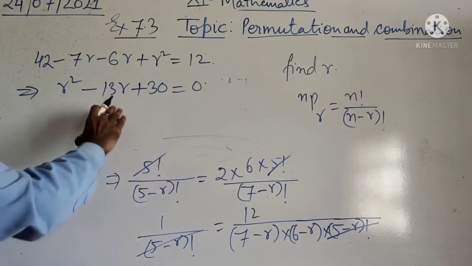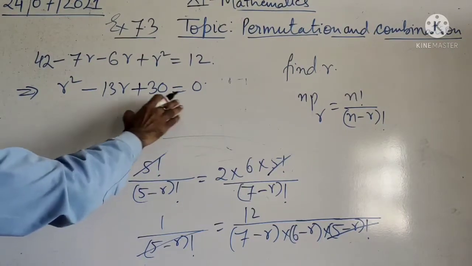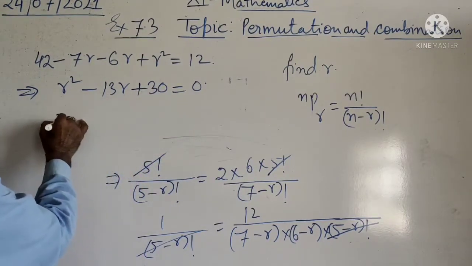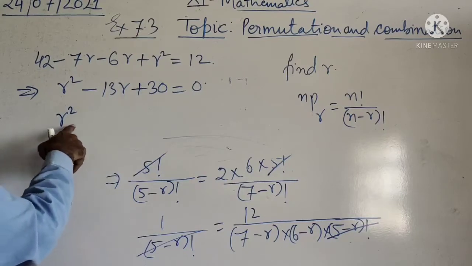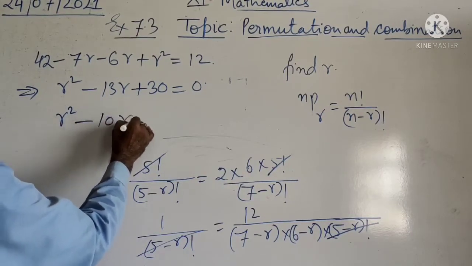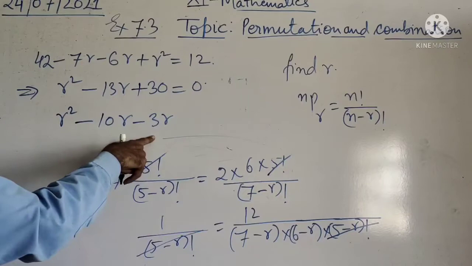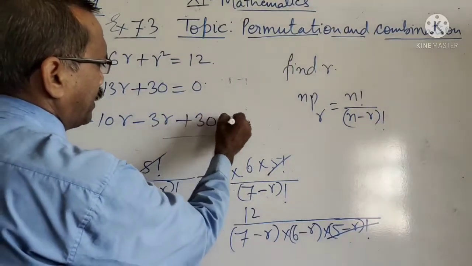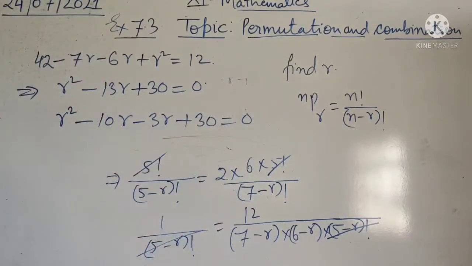Now we will factorize this. It is 10 times 3 is 30. So it is r square minus 10r minus 3r plus 30 equal to 0.